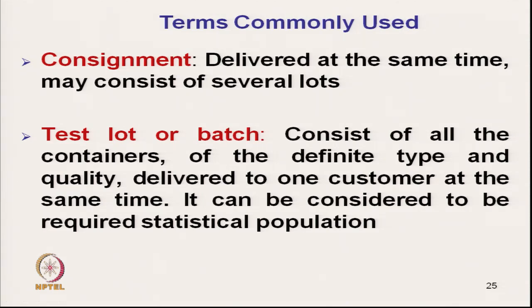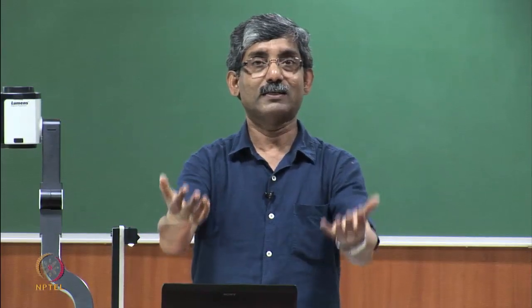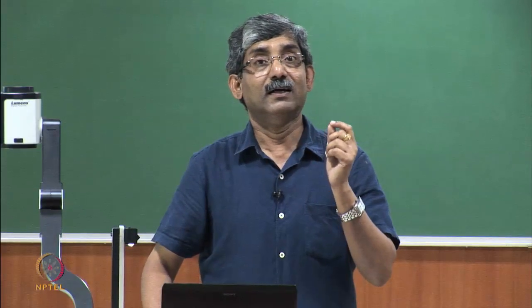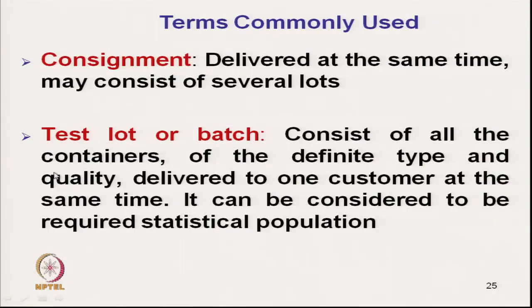That means one particular lot, coming at the same time or batch, is statistically the population. The test lot or batch consists of all the containers, say the 20s count has 6 containers, all of definite type and same quality, delivered to one customer at the same time. That is called the lot.